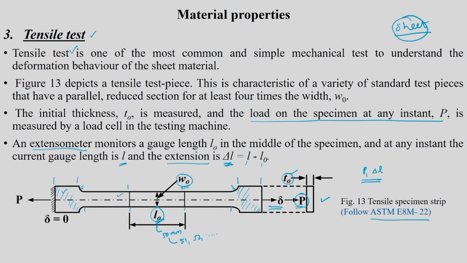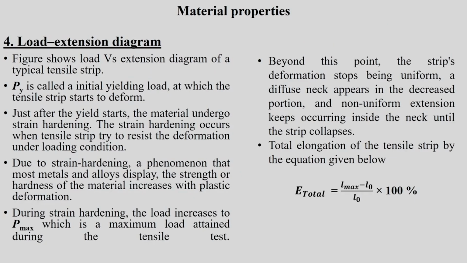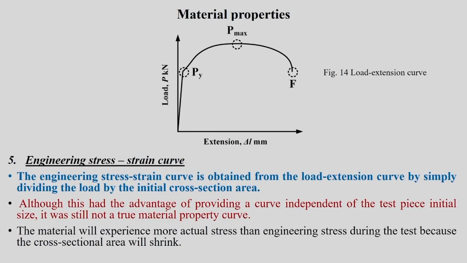My next slide will show you the details about the load extension diagram, which I have given here. Whenever you do a tensile test of a typical metallic material, you will get a load and extension curve like this. Load in the y axis, you can imagine the unit is kilonewton, and extension is delta L, which is in mm.